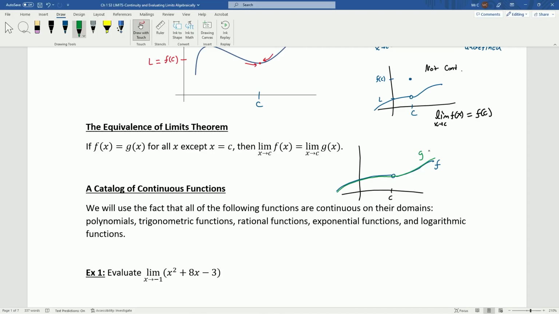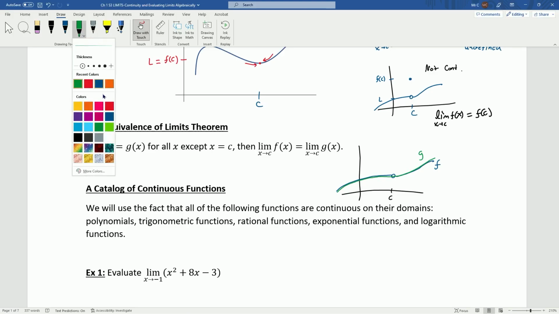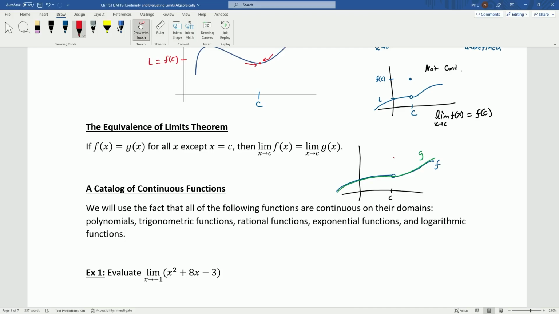Now, the theorem doesn't require continuity of either of the functions. It's not a requirement for the theorem to be true, but this is how we typically use it. We've got two functions, one that's not continuous, and this g function that is continuous, but they're the same everywhere else. Maybe g takes this value up here, whereas f takes that value up there, where its hole is, but g is continuous and passes right through that hole.